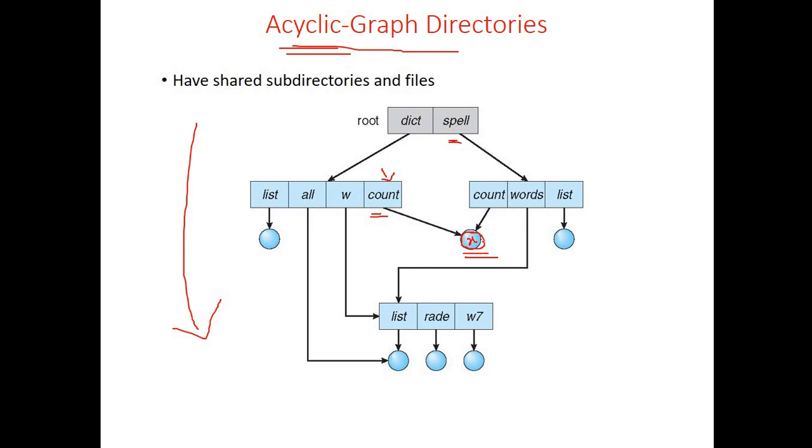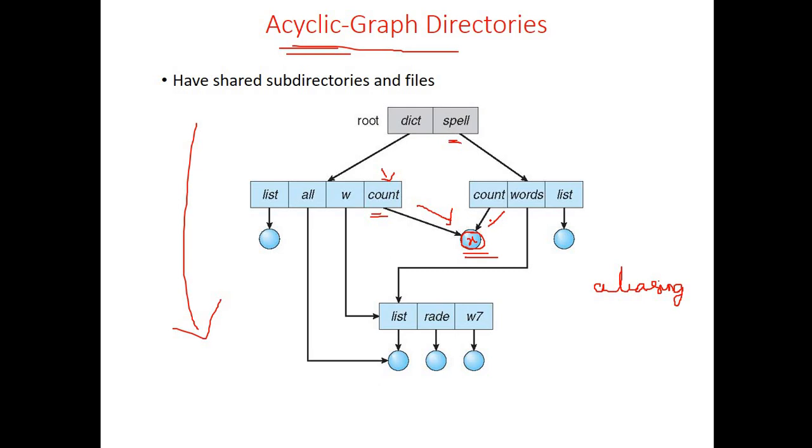Sharing of one file by multiple directories is possible with the concept of aliasing. Aliasing is nothing but giving multiple logical names to a single file. For example, here X is a physical file available which will be having a logical link from two directories.